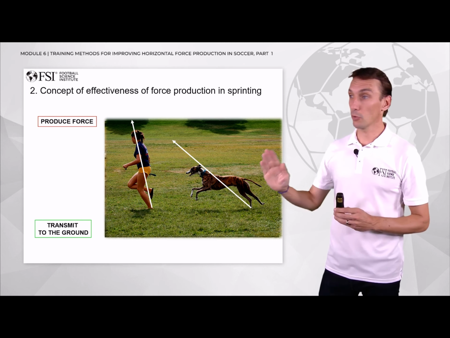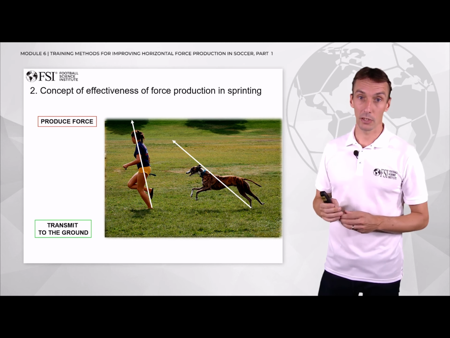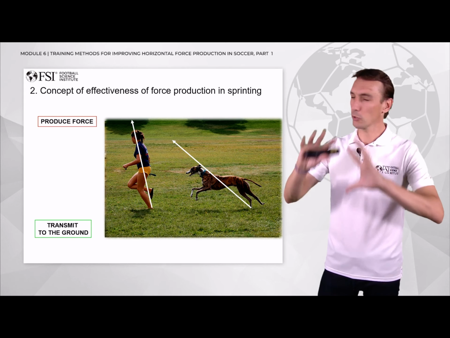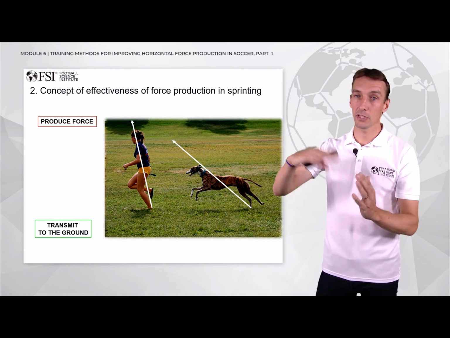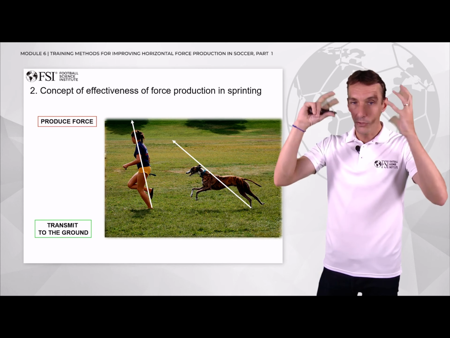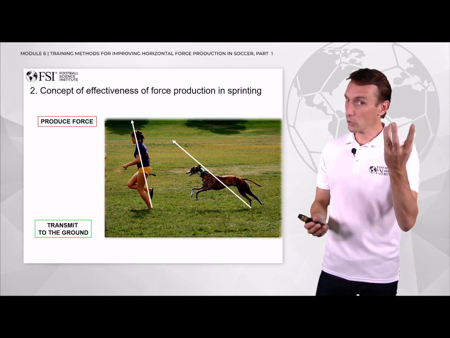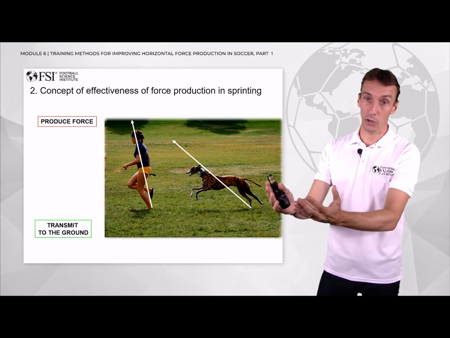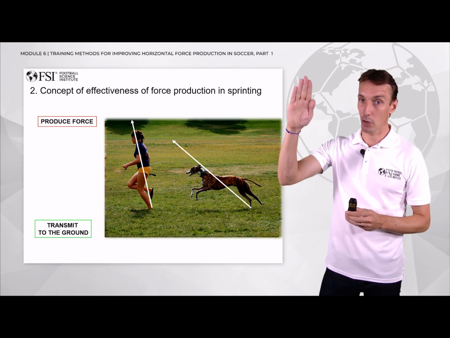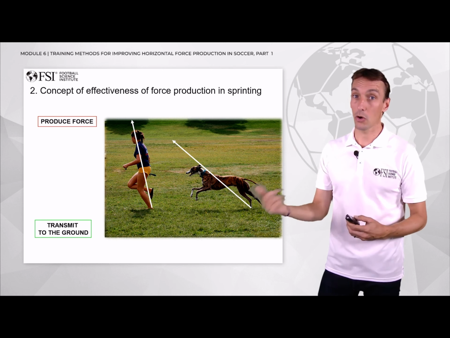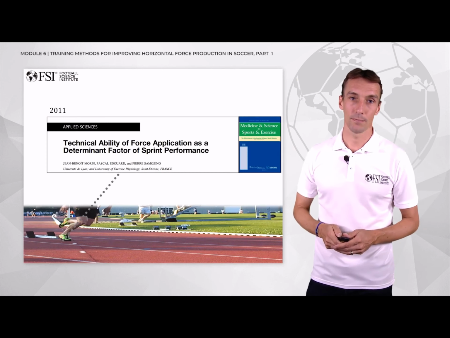The orientation of the force for the girl is much more vertical. So it means that even if they produce the same force, the dog will accelerate more because of this orientation. If you take that to the football context, you understand that to accelerate forward, you need to produce force, yes, but you also need to have an effective orientation onto the ground.